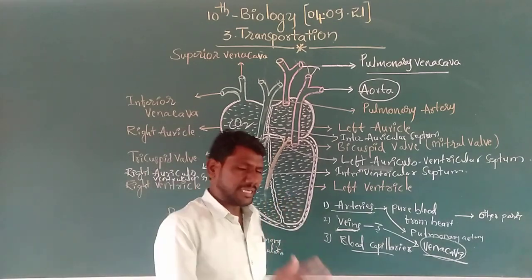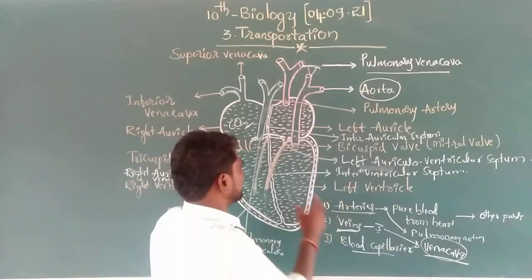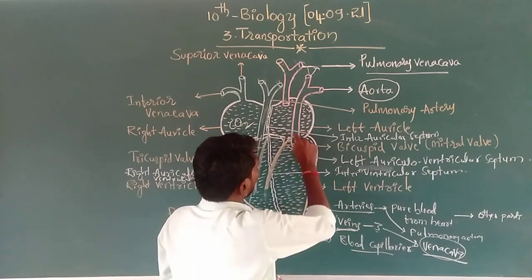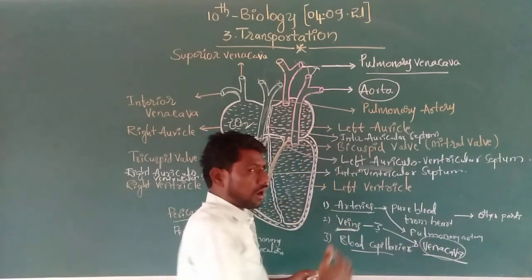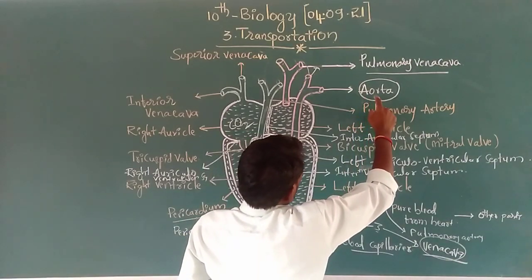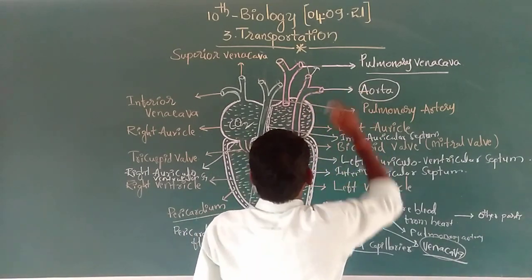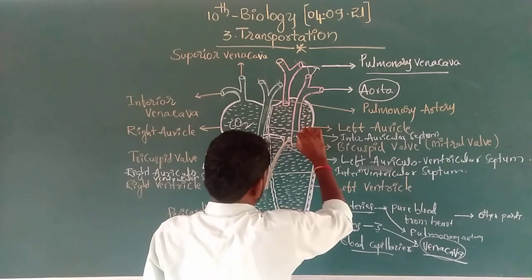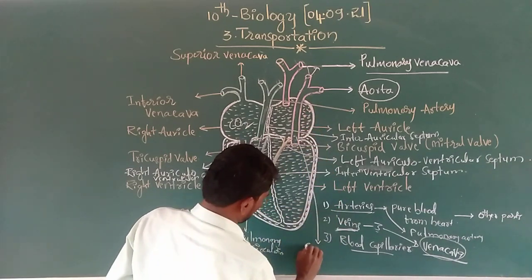When the heart contracts, what else happens? The pure blood is supplied to all our body parts through the aorta. This circulation is called systemic circulation.